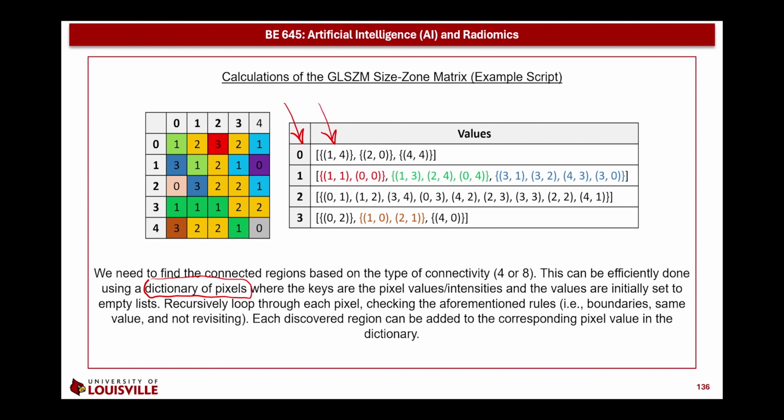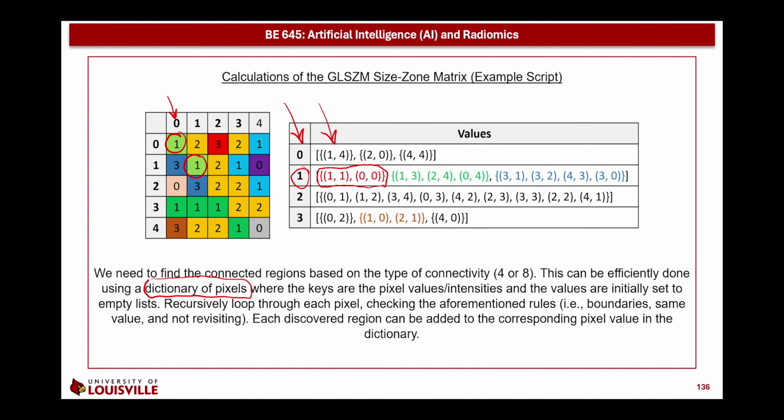Once we discover a neighbor pixel that satisfies these constraints, we add the location of that pixel to the dictionary. So for example, the value of 1 says that the pixel at 0 and 0 is connected to 1 and 1, where here I mean the coordinates or the indices. So we added in the list a tuple with these 2 values.